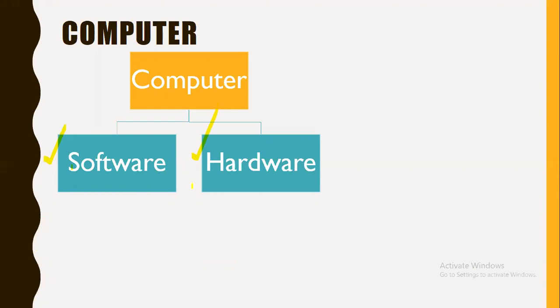We know that without software, hardware can't do anything, and without hardware, software can't do anything. In order to make our computer system functional, we must have proper hardware with appropriate software.